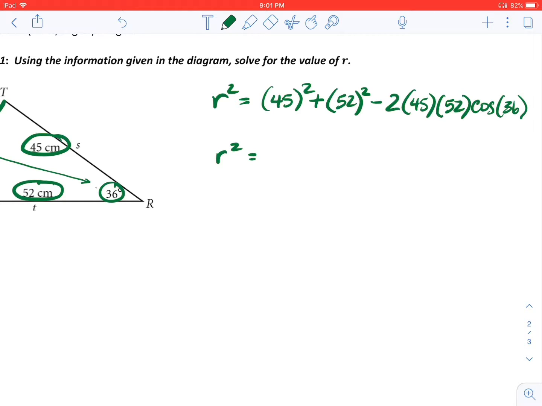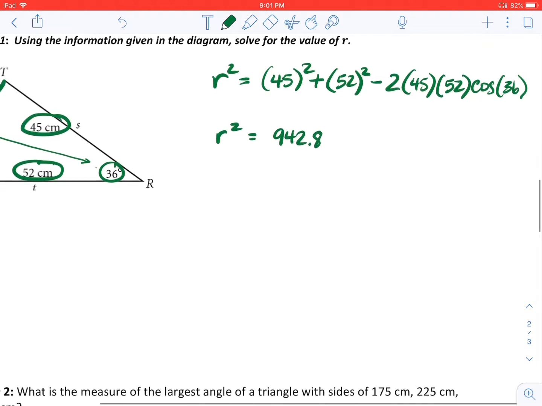Unfortunately, it's not visible to you guys. 45 squared plus 52 squared minus 2 times 45 times 52 times the cosine of 36. And I get that it's approximately equal to 942.8. So then how do I solve for r?